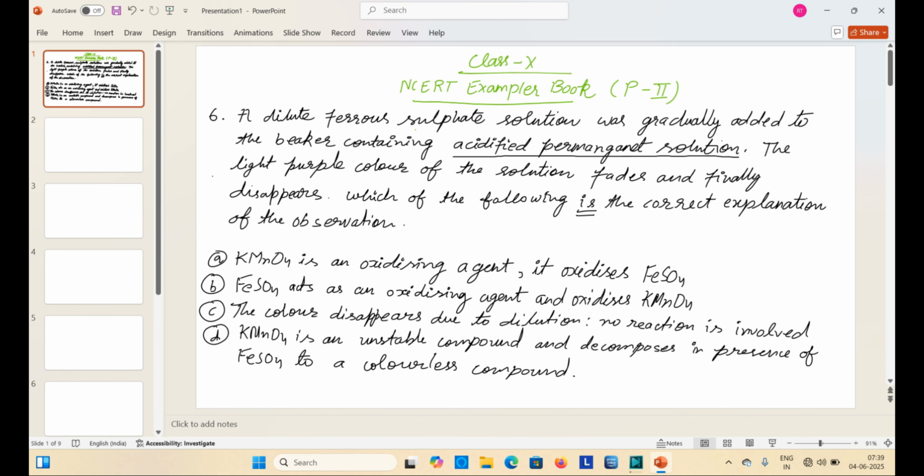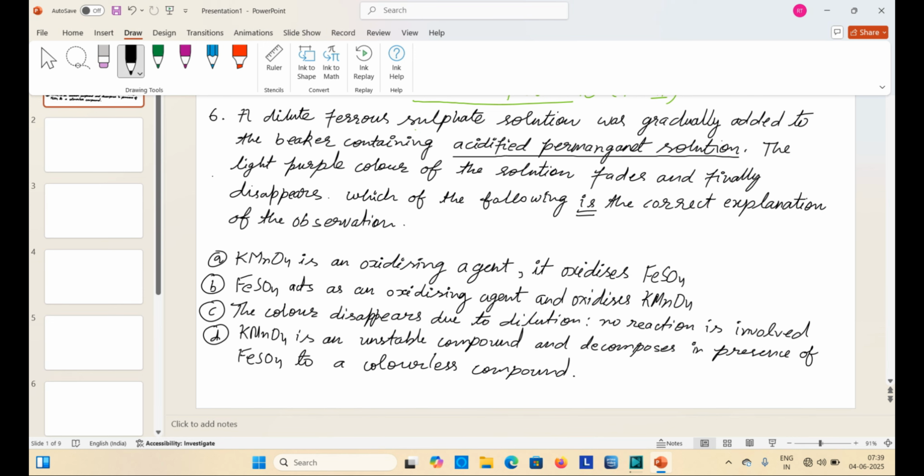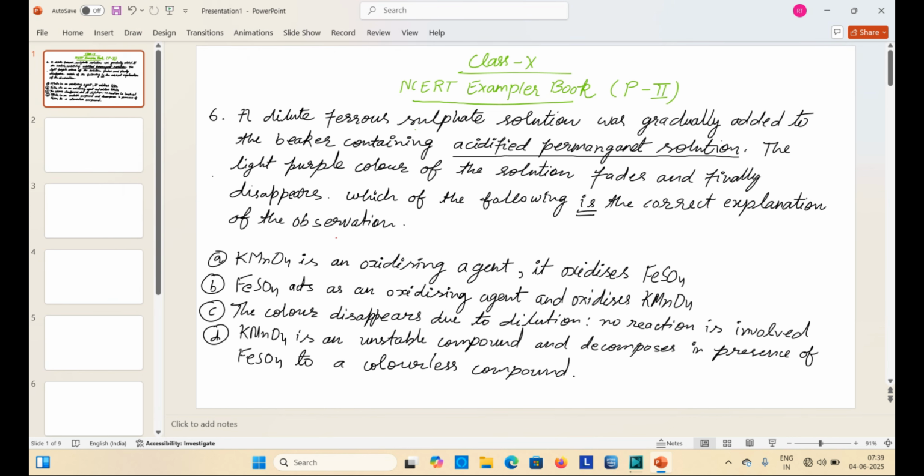So this is the sixth question of the NCERT exemplar book, and the question is saying that a dilute ferrous sulfate solution was gradually added to the beaker containing acidified permanganate solution.